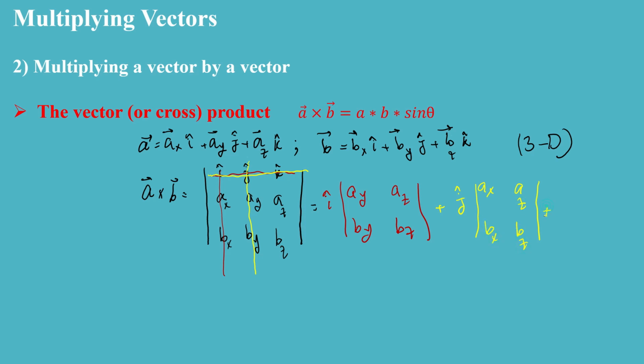And then for the last one, again it's going to be the first row and then the third column. Now what I have is ax, ay, bx, by.